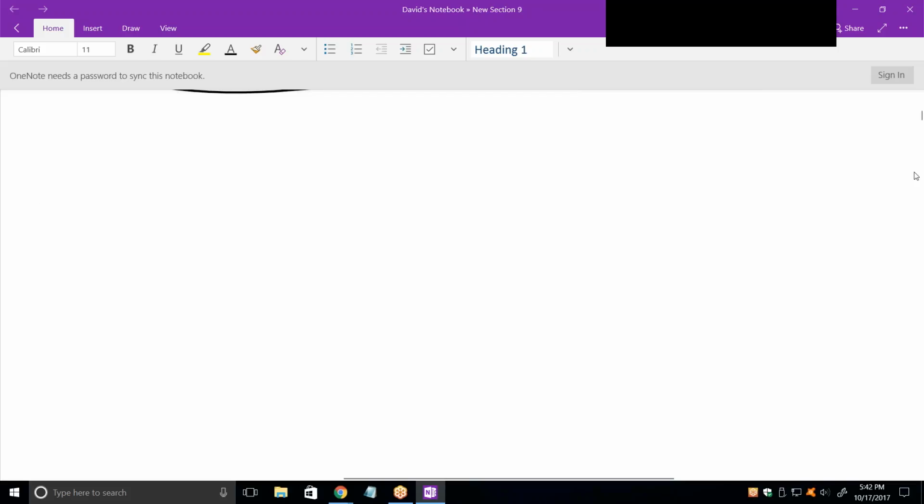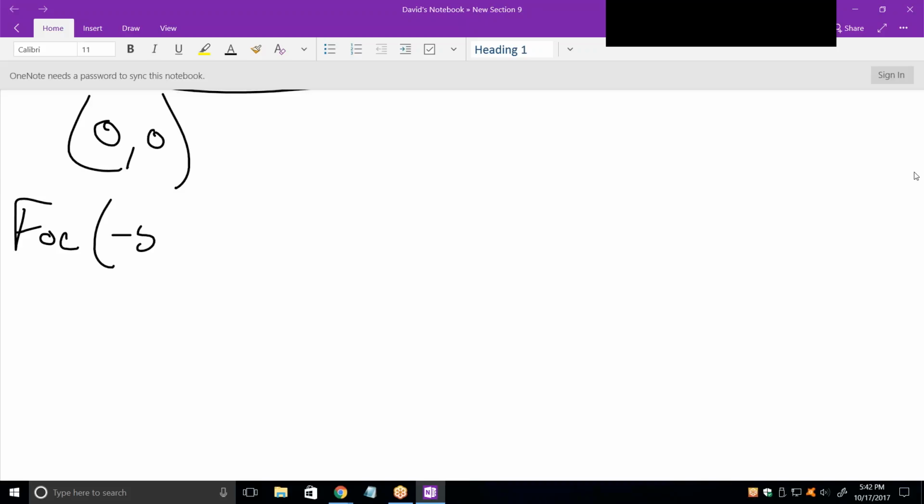The next one we have is the vertex is 0, 0, and the focus is -5, 0. They're making it easy by putting the vertex at 0, 0. Tell me whether this opens up and down or left or right.